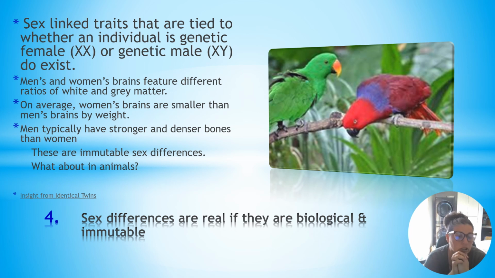All of these are immutable sex differences, meaning you can't change the density of your bones, you can't change the weight of your brain, and you can't change the ratio of your white and gray matter based on external environment, like playing Tetris.